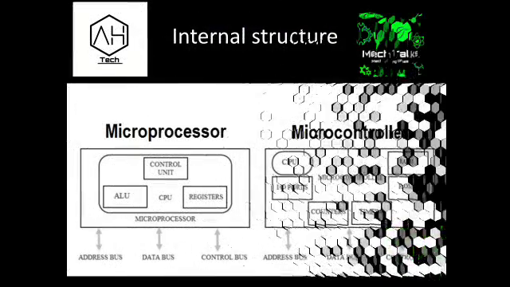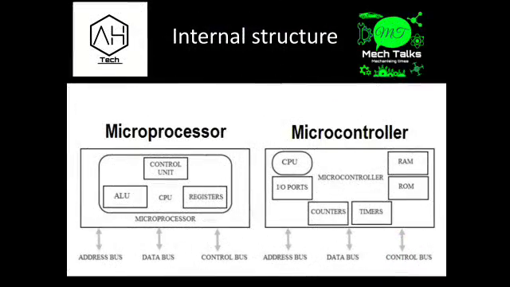So now we'll be talking about the internal structure of a microprocessor and microcontroller. In a microprocessor you will have only a standalone CPU. The CPU contains the ALU, arithmetic logical unit, control unit, and also the registers. A microcontroller has a CPU itself, and at the same time it also has the IO ports, counters, timers, RAM and ROM inbuilt with it.